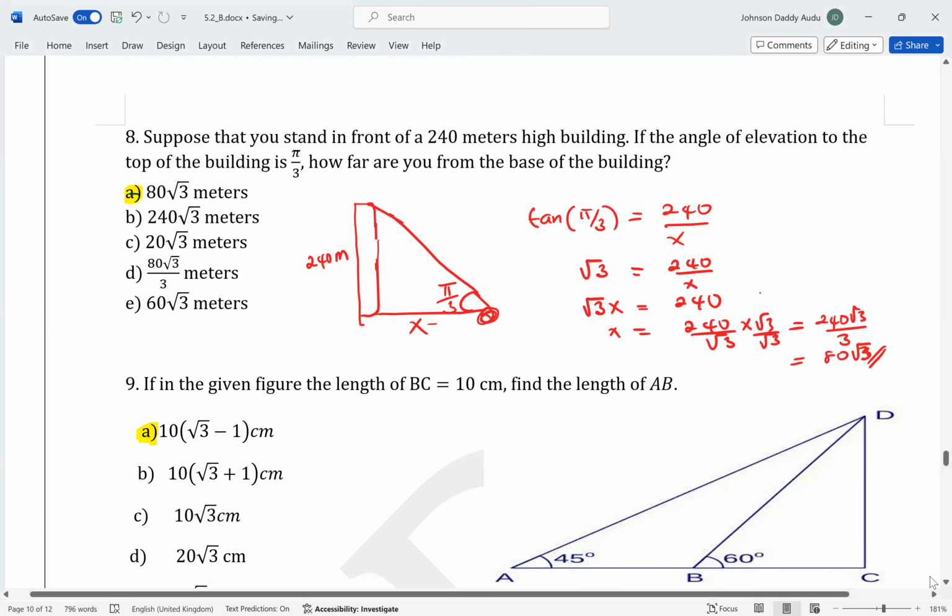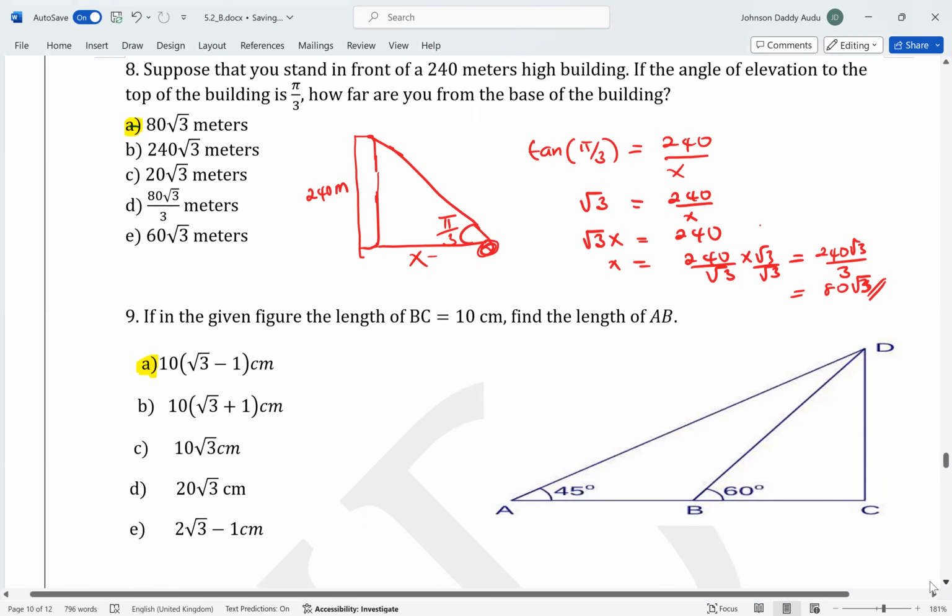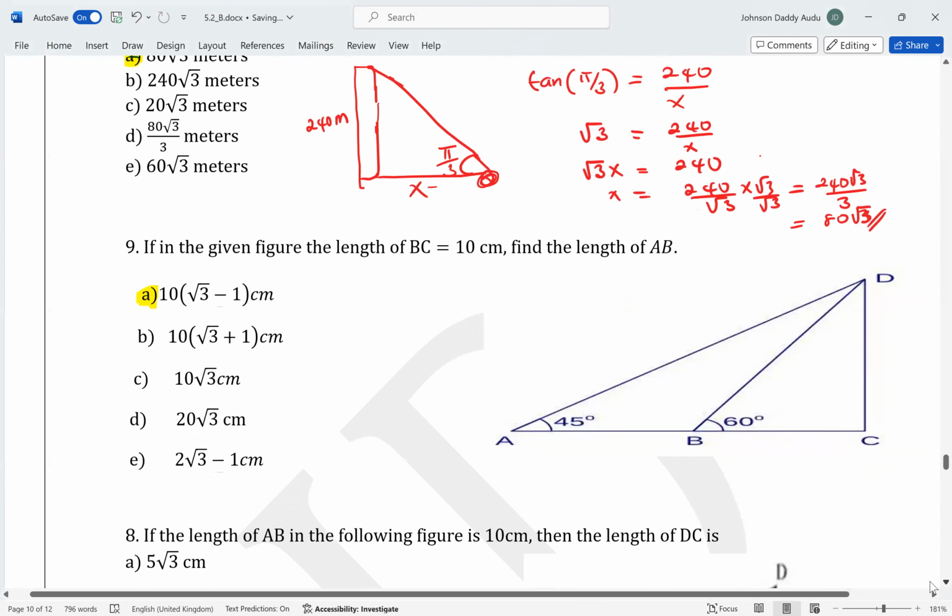Okay, so the next question. Here we want to find the length of AB, right? So what is the length of AB?